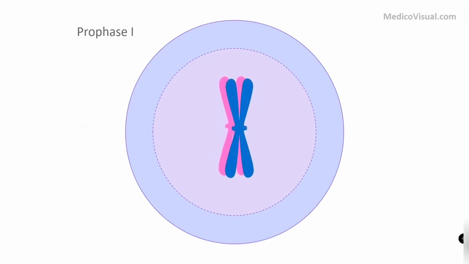Then what happens? As the love bond between them becomes stronger, they become close to each other and pair up, end-to-end pairing. As they pair up, one of them lies on top of the other, right?